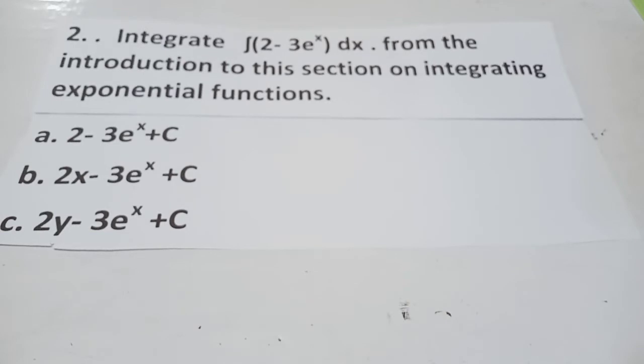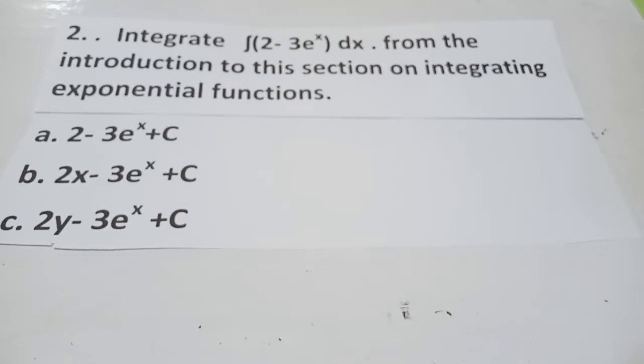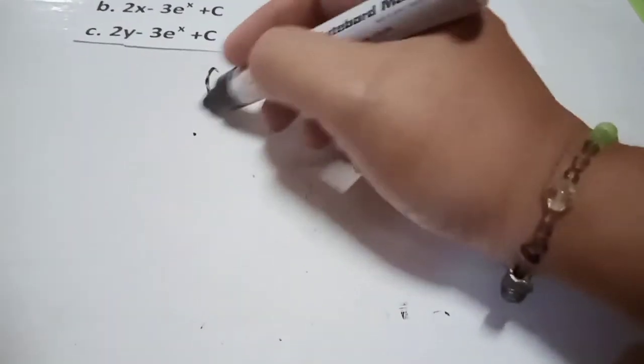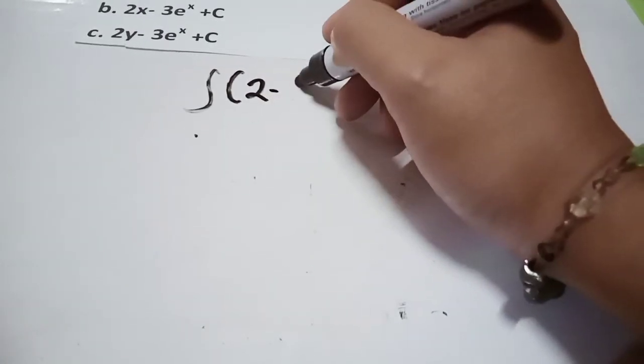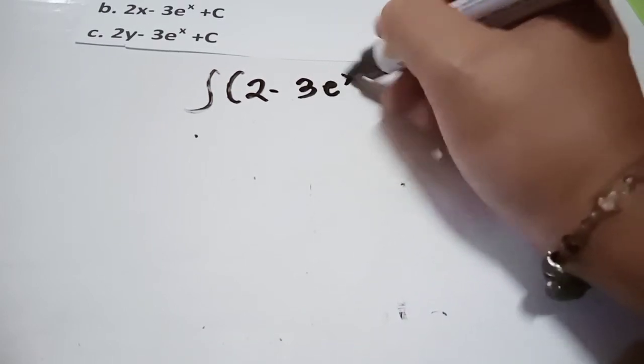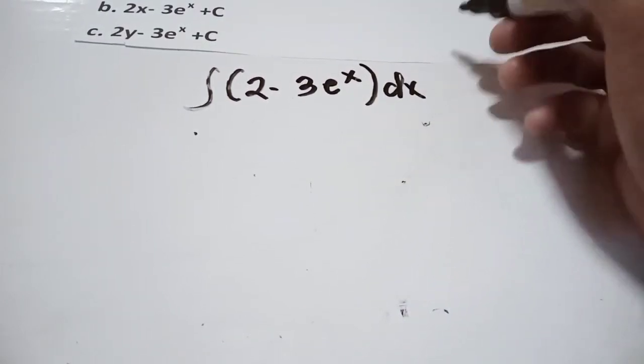Okay, let's have number 2. Integrate (2 minus 3 raised to e^x) dx, from the introduction to this section on integrating exponential functions. How do we integrate this? The first step is to integrate the given, open parenthesis 2 minus 3 e to the x, dx.